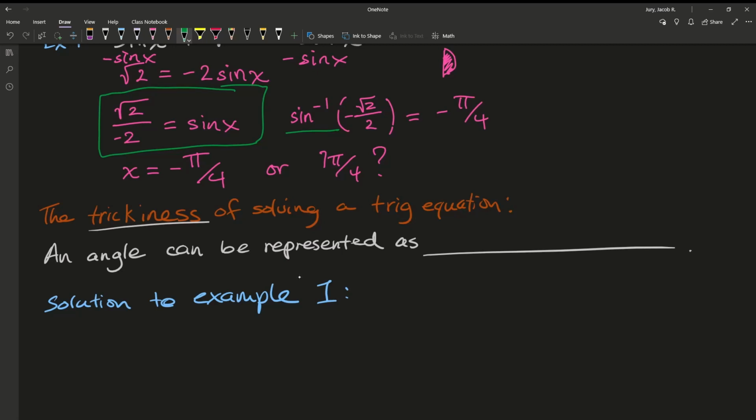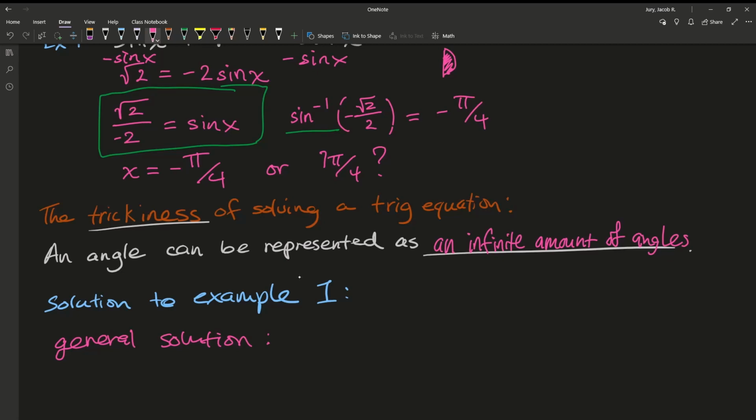The trickiness of solving a trig equation is an angle can be represented as an infinite amount of other angles. So what we need to do is we need to give a general solution to this problem, to this equation.